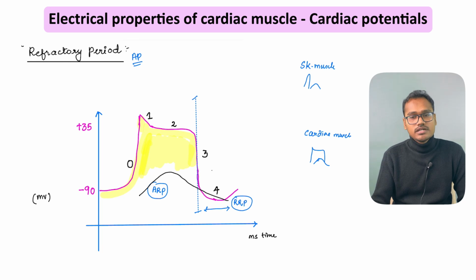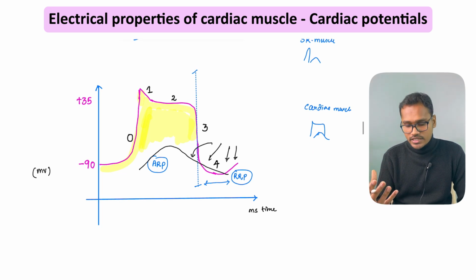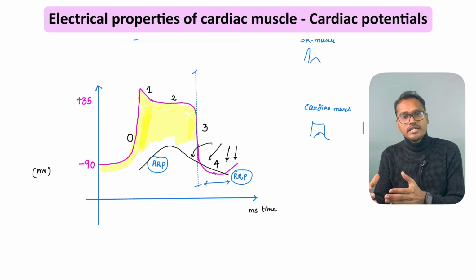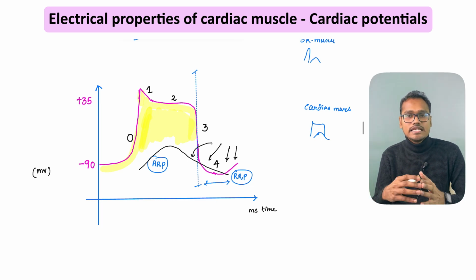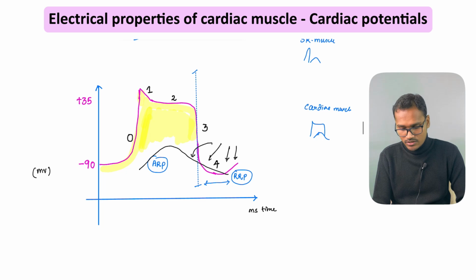By the time the action potential ends, the contraction phase also ends. If we give a stimulus here in the relative refractory period, a very strong stimulus, what can it do? Already the contraction is complete, so there will not be an increase or tetanizing ability in the further contractions. So that is the reason the cardiac muscle cannot be tetanized at all.